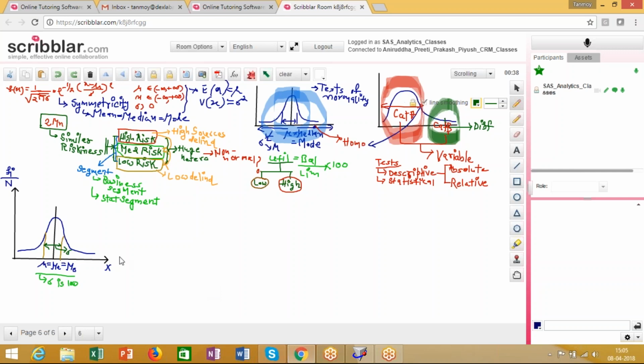If the distribution is symmetric in nature, then the median will be the midpoint of the first quartile and the third quartile.